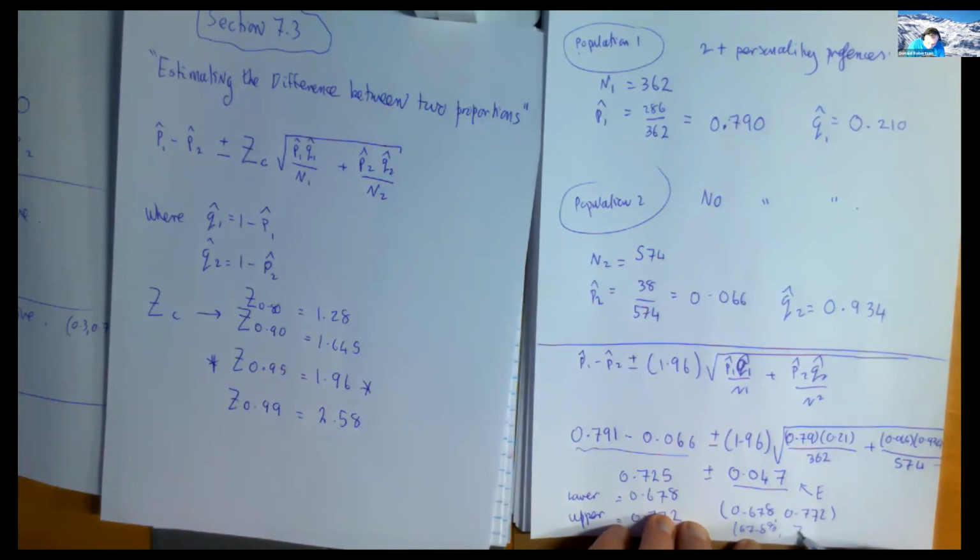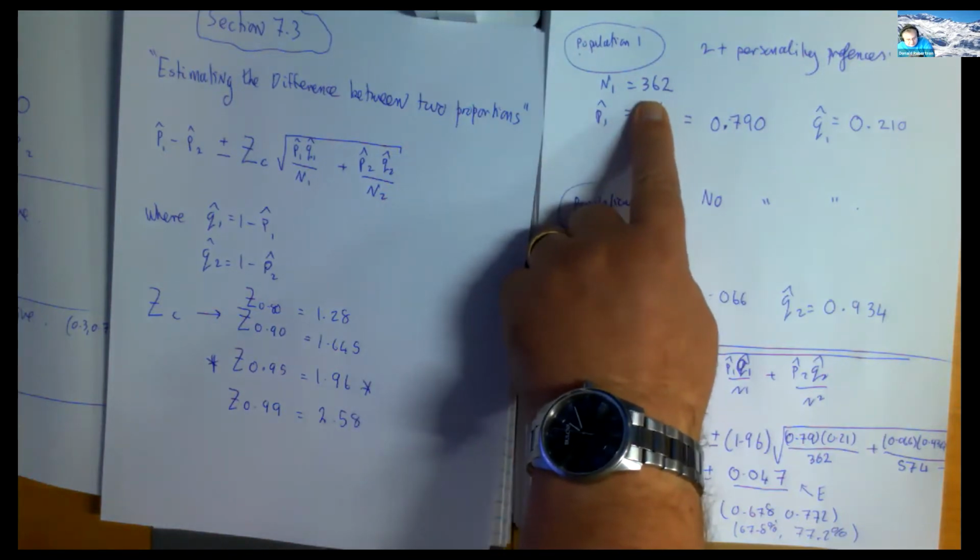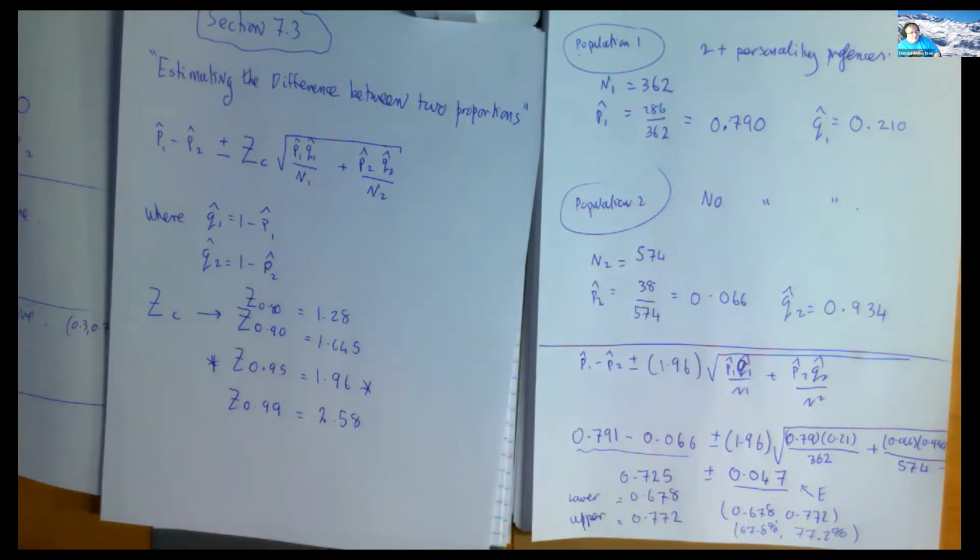67.8% all the way up to 77.2%, would you agree that they are all positive numbers? In fact, quite big positive numbers in the scheme of things. And so wouldn't we be able to make the assumption that this population is bigger than this?